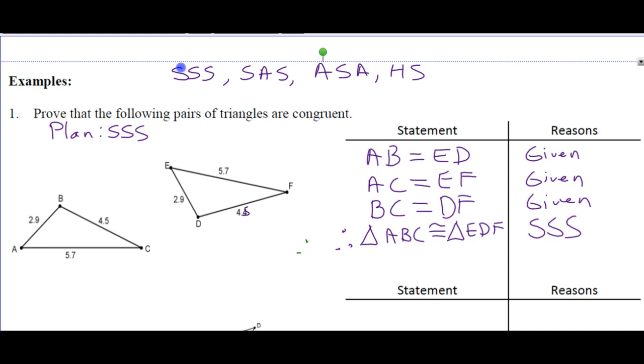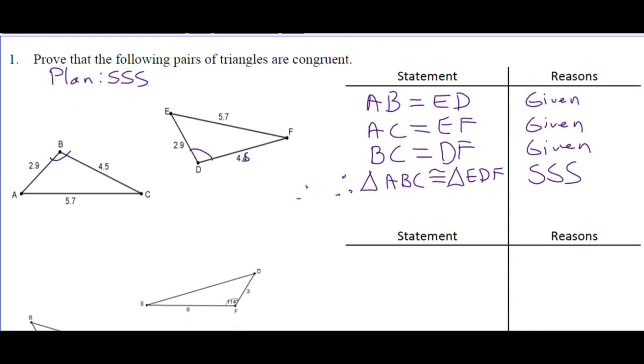Angle B, between the 2.9 and the 4.5, is the same as angle D. It's also between the 2.9 and the 4.5, right? So corresponding sides have to be in the same place, A, B, E, D, corresponding angles in the same place.